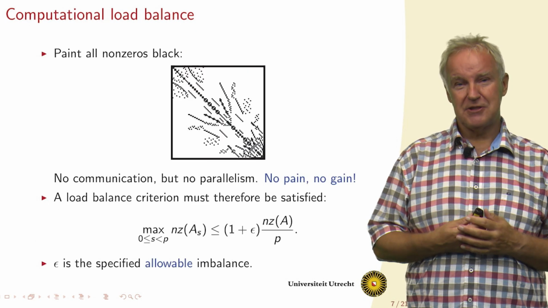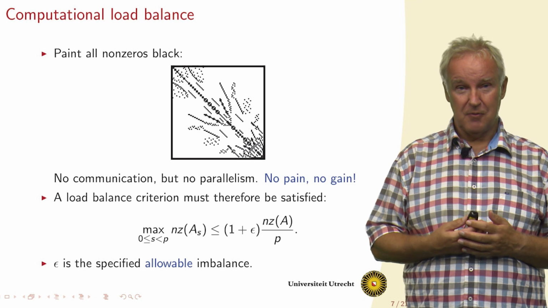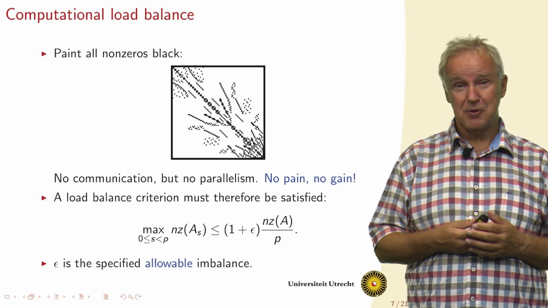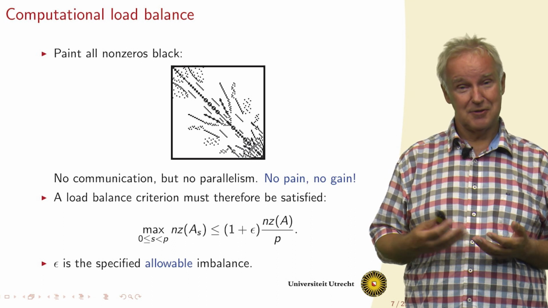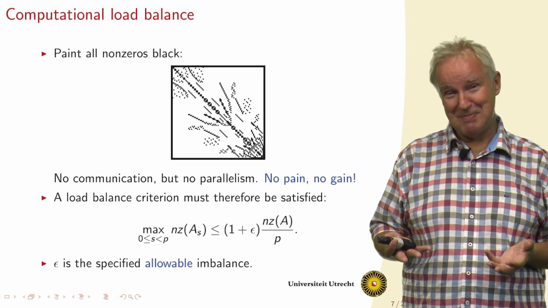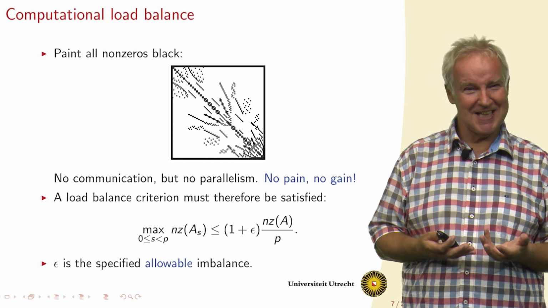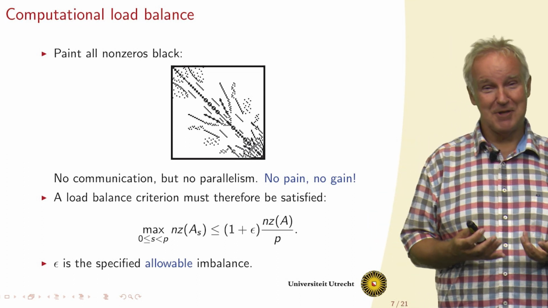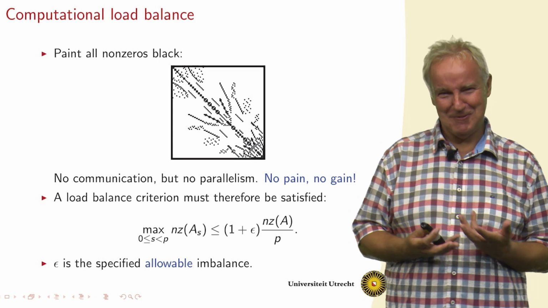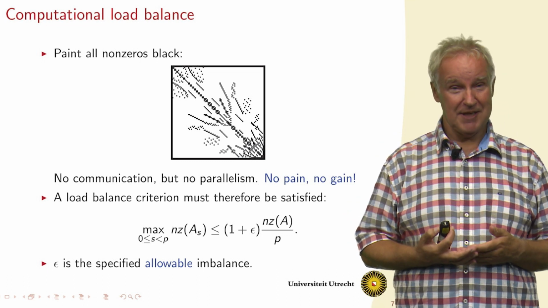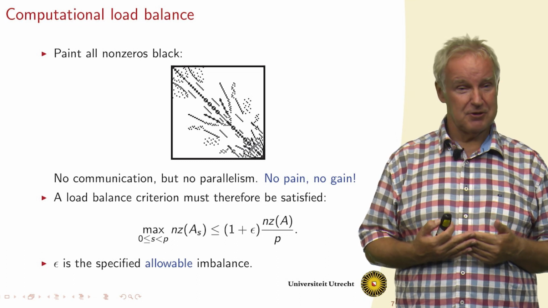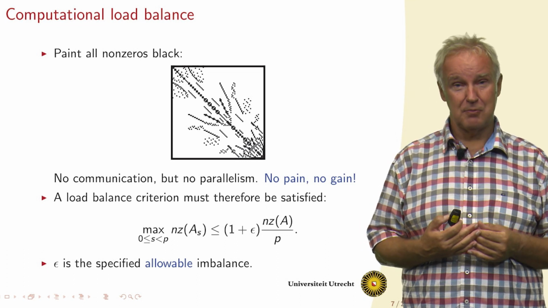How do we minimize communication? Well, the easiest way would be to paint everything black. But no pain, no gain. We don't get any parallelism that way, so no communication, but communication hurts, but we want some communication. So to prevent this from happening, we need to impose a criterion on the load balance.